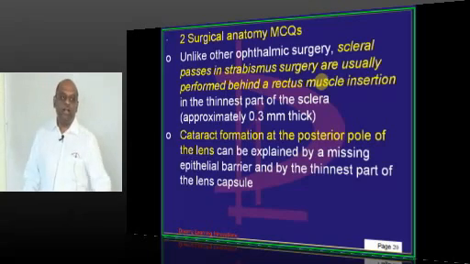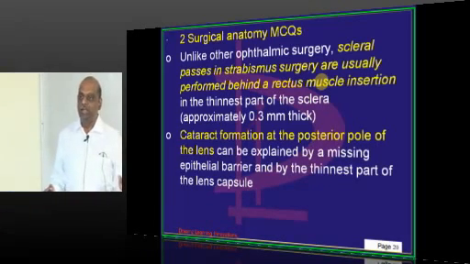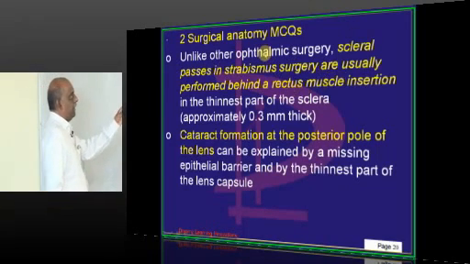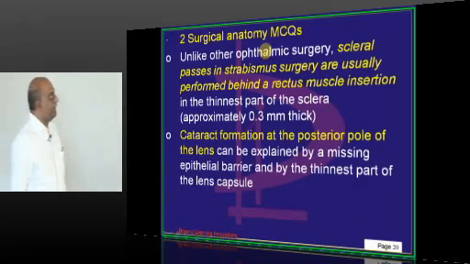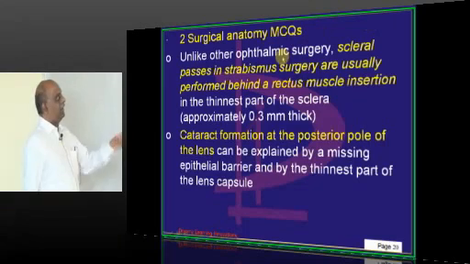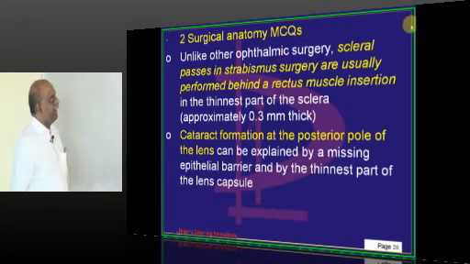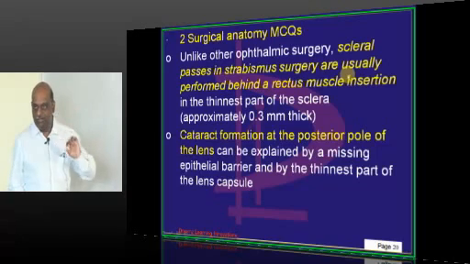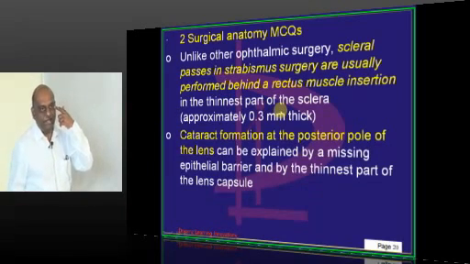Now in this context there are two surgical anatomy points in relation to these thinnest parts. Unlike many other ophthalmic surgeries, whenever you are passing a scleral pass while doing strabismus surgery, you usually perform that at the thinnest point of the sclera.